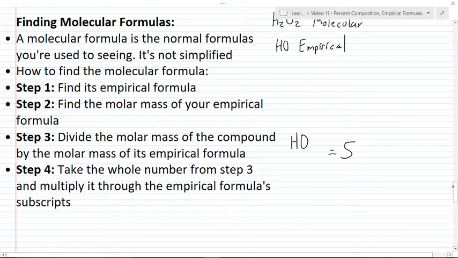So for example, if this was equal to 6, then I'm just multiplying through. 6 times 1 is 6, 6 times 2 is 12.